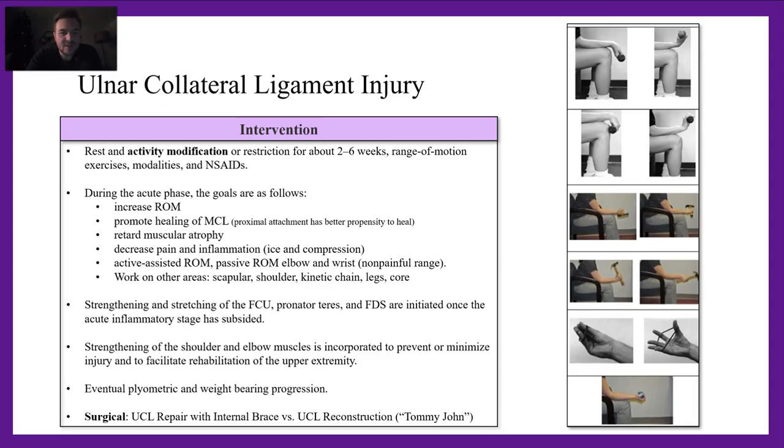No throwing. In the meantime, we're going to increase range of motion of the shoulder. When we promote healing of the MCL, the UCL, the distal attachment site of the UCL has less propensity to heal because of blood flow issues. So if it's a proximal sided tear, we have a little better prognosis.